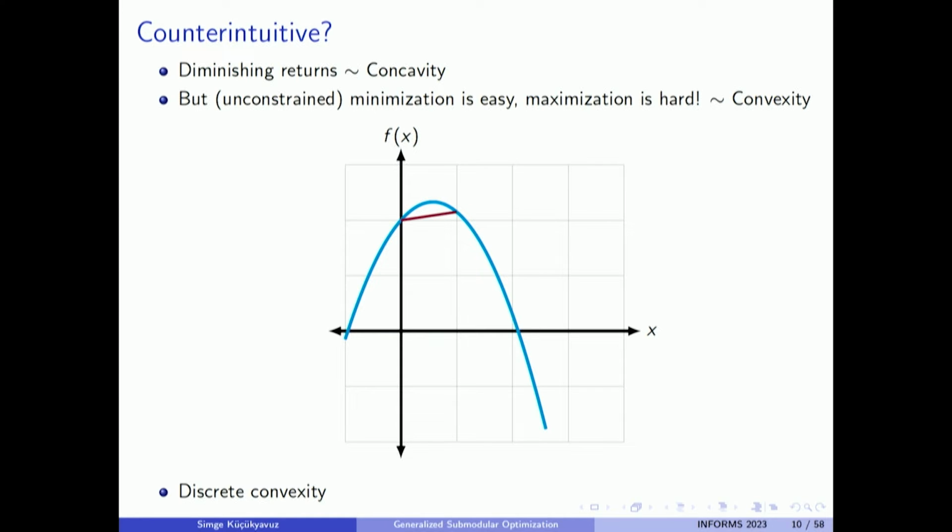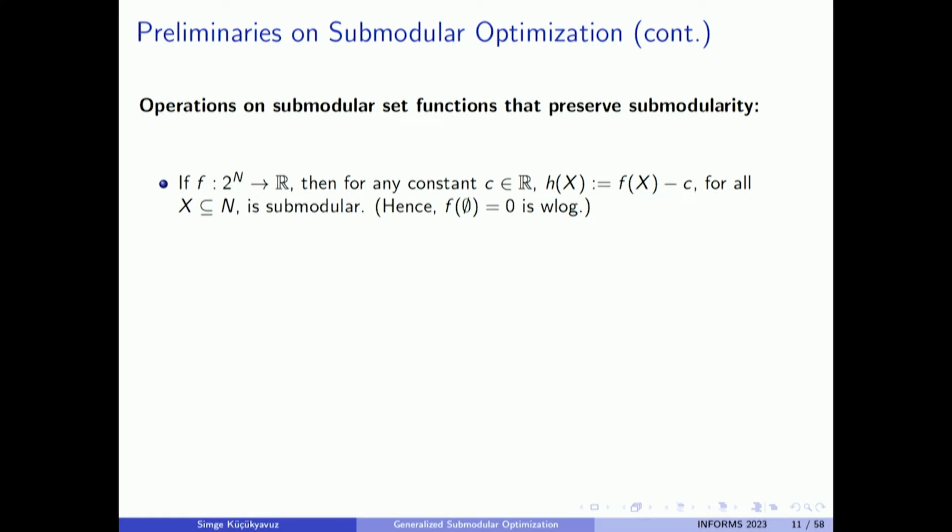Not a fully satisfactory answer to this dilemma, but in some sense these are very interesting functions that sometimes behave like concave functions and sometimes like convex functions. But in the minimization, unconstrained case, we can capture that continuous-wise non-convex looking function with a piecewise linear approximation. So that's about submodularity.